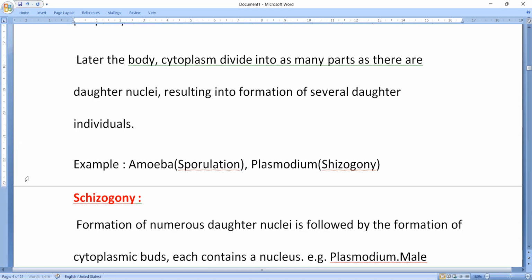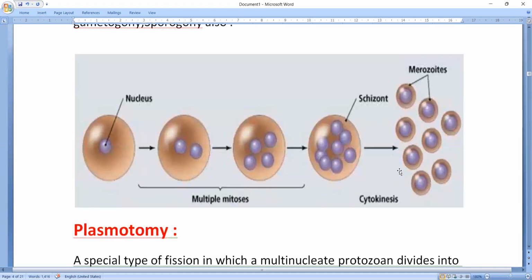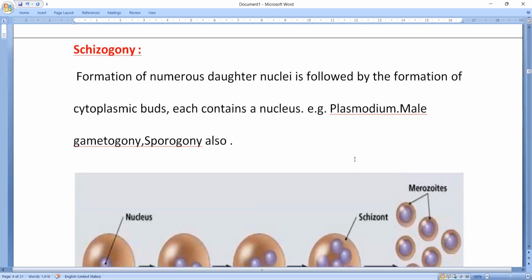So in that way there are two examples, amoeba and Plasmodium. In amoeba, multiple fission is called sporulation. In Plasmodium, it is called schizogony. And also, here it is given: formation of numerous daughter nuclei is followed by the formation of cytoplasmic buds, each containing a nucleus. Example: Plasmodium.